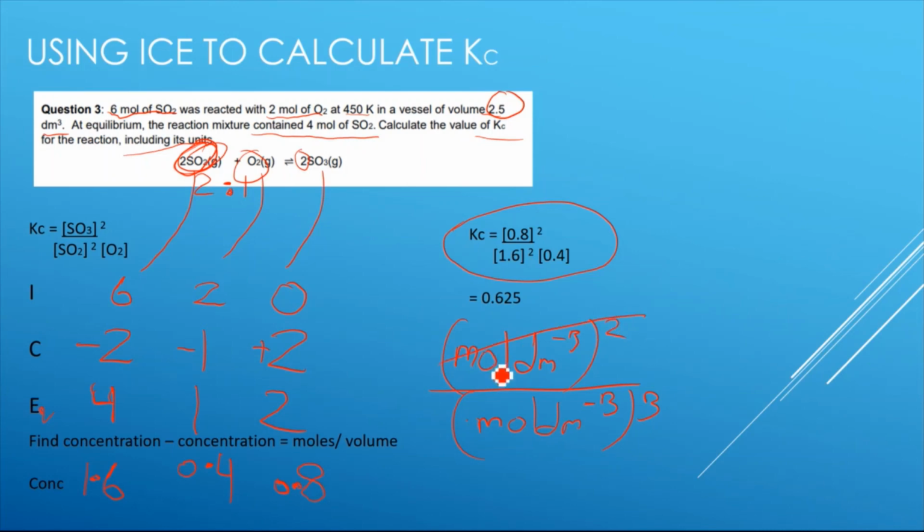So when we're cancelling out, it'd be 1 over moles per decimeter cubed, and that's why the unit for this would be moles to the power of -1 and decimeter cubed. And so the final answer would be 0.625 moles to the power of -1 decimeter cubed. And this is how you use ICE to calculate Kc.